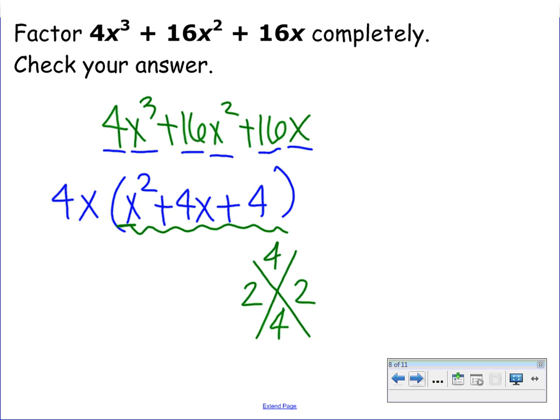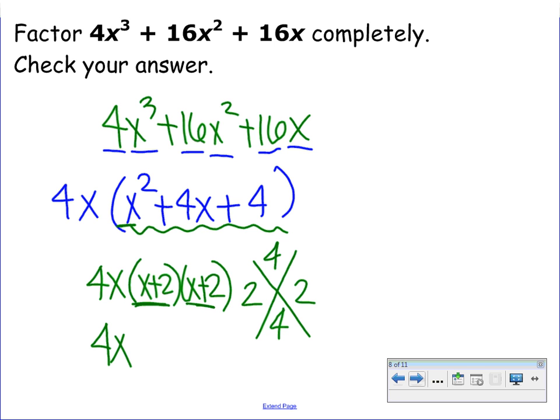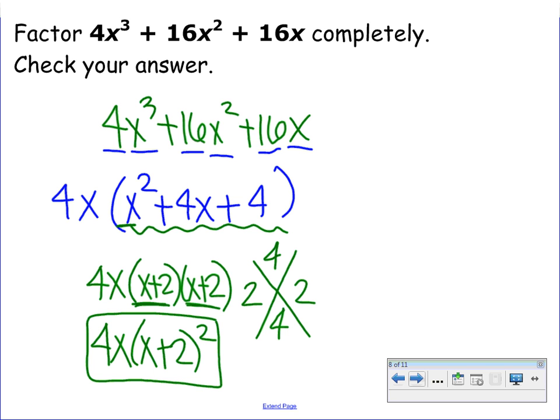So this factors into x plus 2 times x plus 2. I put my greatest common factor at the beginning, and I'm finished. The only thing I can do here is, since I have 2 x plus 2's, I can write that as x plus 2 quantity squared. And that would be my final answer.